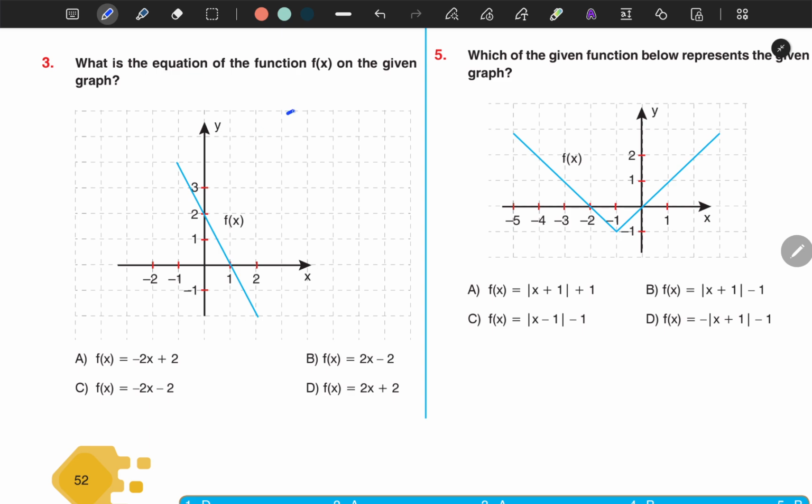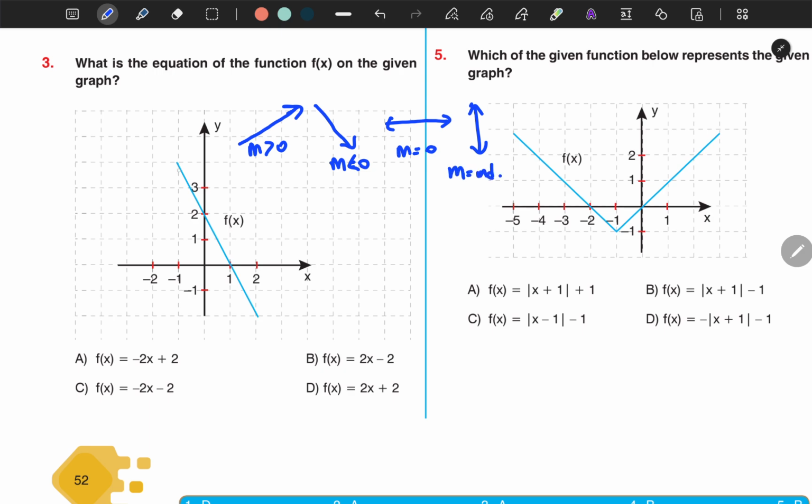When the line moves up, it is a positive slope, m is bigger than 0. When it moves down, m is less than 0. When I have a horizontal line, m is equal to 0. And if I have a vertical line, the slope is always undefined.